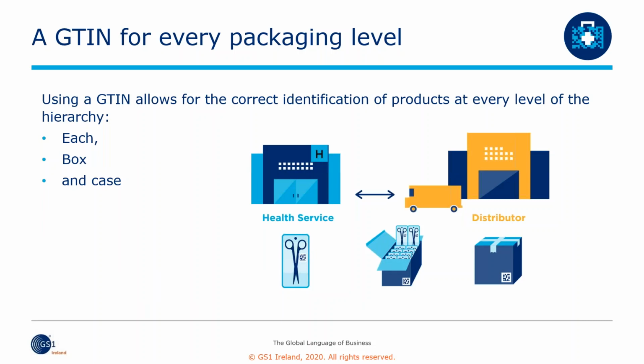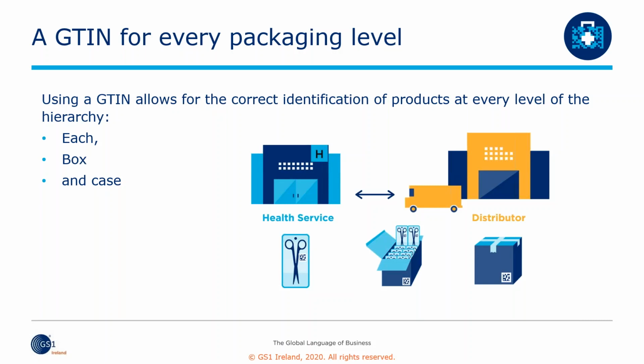A GTIN should be unique to one product and at a single packaging level. And just to touch on that, it is generally the manufacturer who assigns the GTIN to each packaging level and encodes and prints the information in barcodes on the packaging. And just to note that if a distributor is repackaging products, they may be required to add a GTIN to the label.